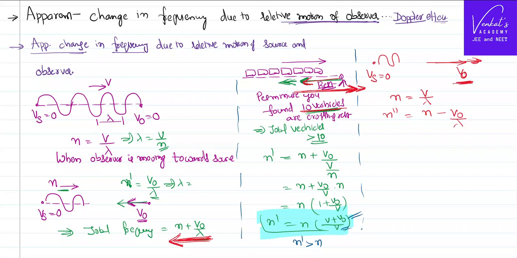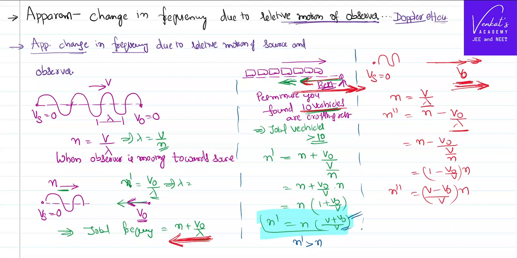Here you are going away from the source, so you are not allowing the waves to cross you, and you receive fewer waves. That is minus vo by lambda. In place of lambda, I can write v by n. So 1 minus vo by v of n. It implies n double dash equals (v minus vo) by v of n.